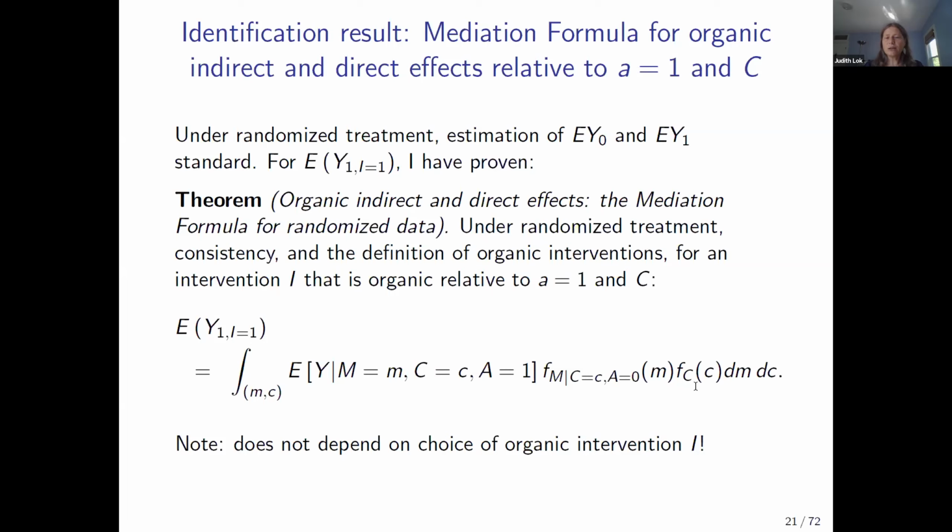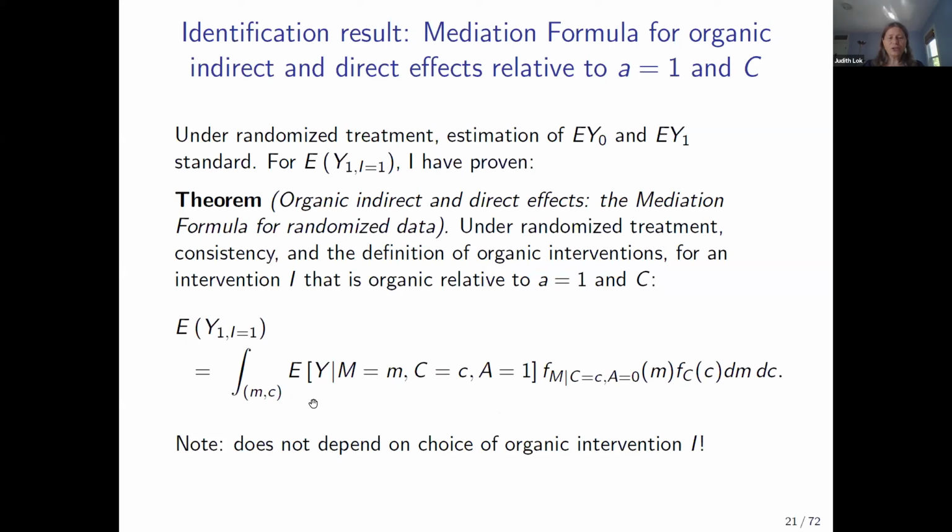So first the common causes come about, then the mediator comes about according to its distribution under no treatment. That is what I is equal to 1 was doing. And then the expected outcome comes under A is equal to 1, because it's a treated outcome.